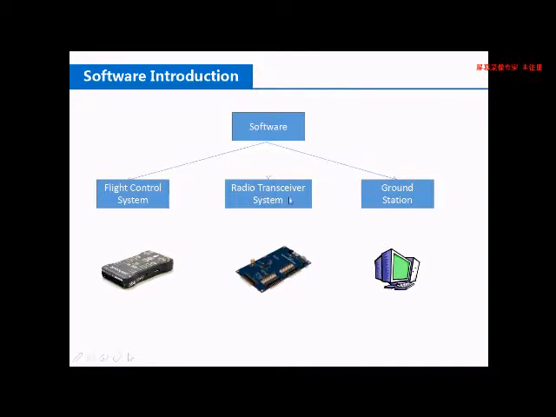The second part is the radio transceiver system, which will drive the radio transceiver and make it work to communicate. And the last one is the ground station, which runs on the PC. And actually we use an open source ground station software.